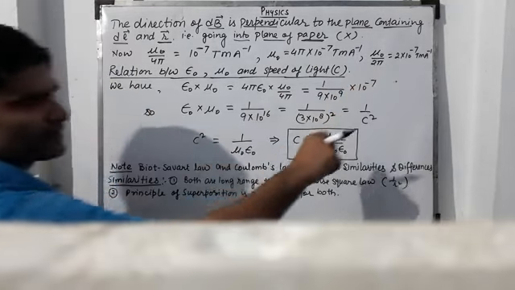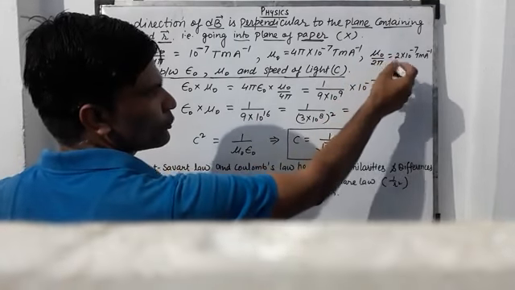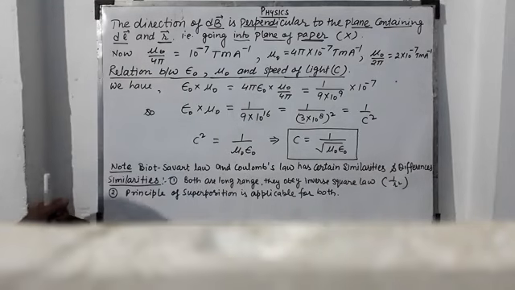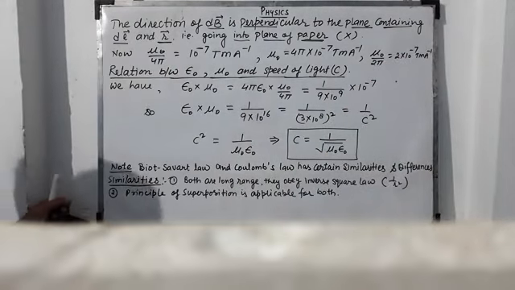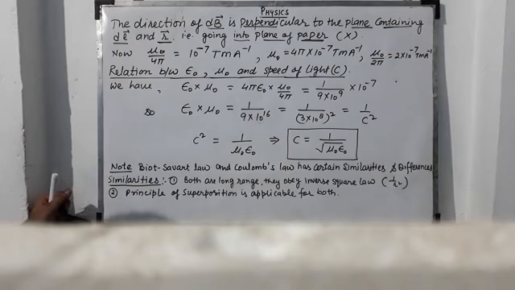This can be written as mu naught upon 2 pi is equal to 2 into 10 to the power minus 7 Tesla meter per ampere. All these forms are used in different situations.